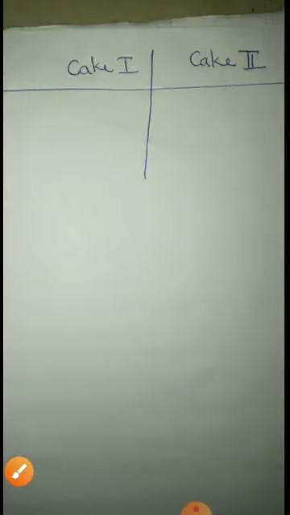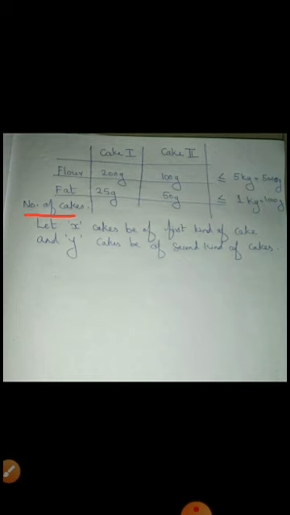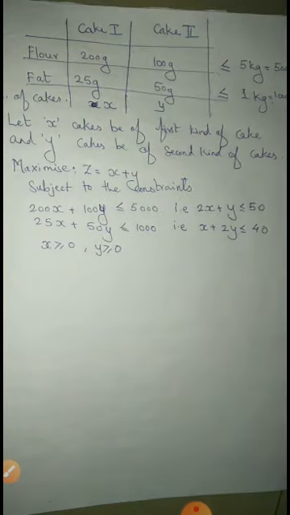So let X be the number of first kind and Y be the second kind. Since they have not given profit, the coefficients should be 1 and 1.